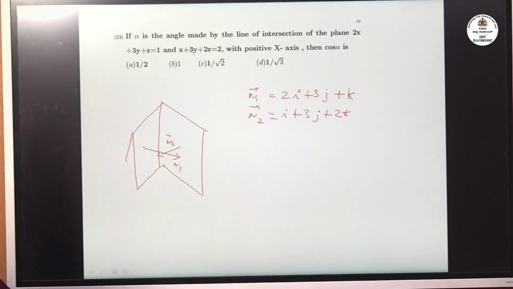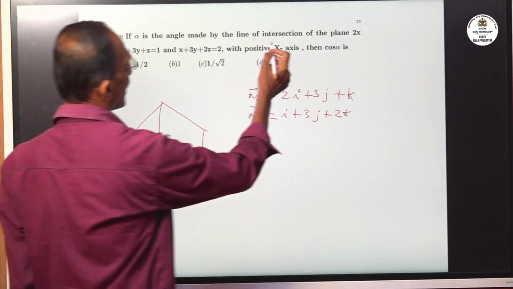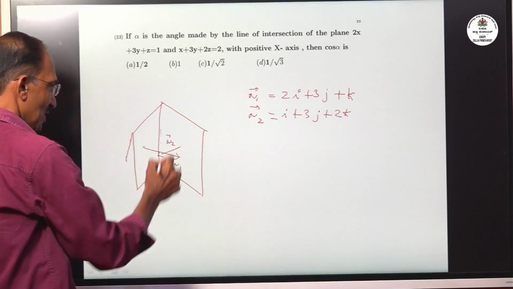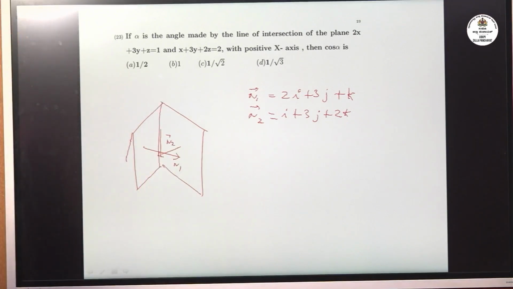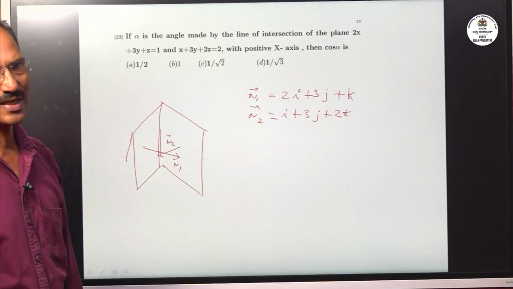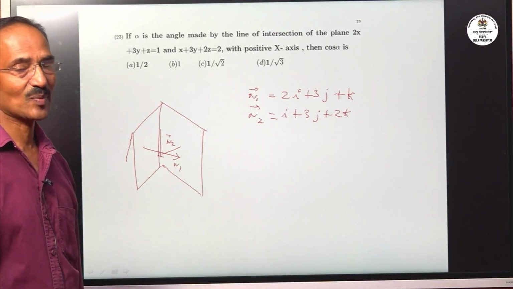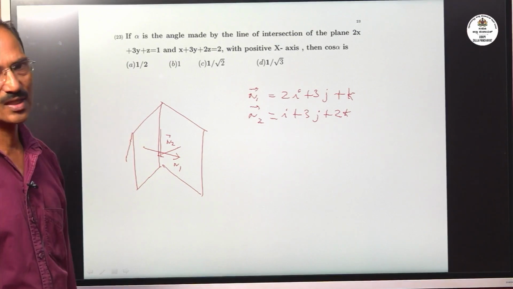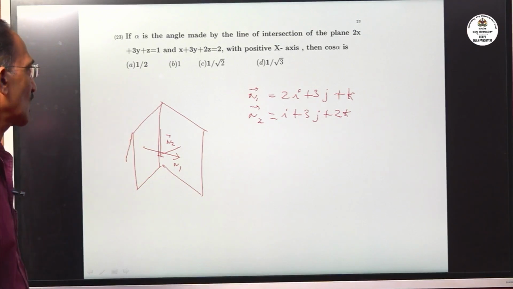And what is the line of intersection? The line of intersection is perpendicular to both the n1 vector and the n2 vector. So it is clear that a vector perpendicular to both n1 and n2 is nothing but n1 cross n2.